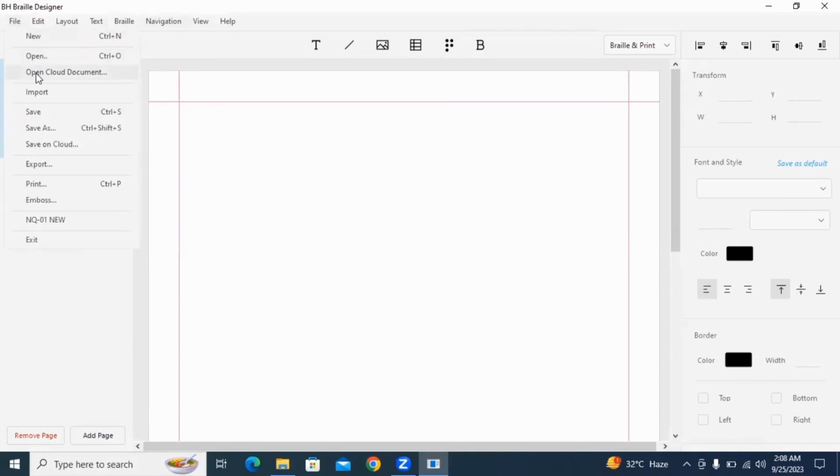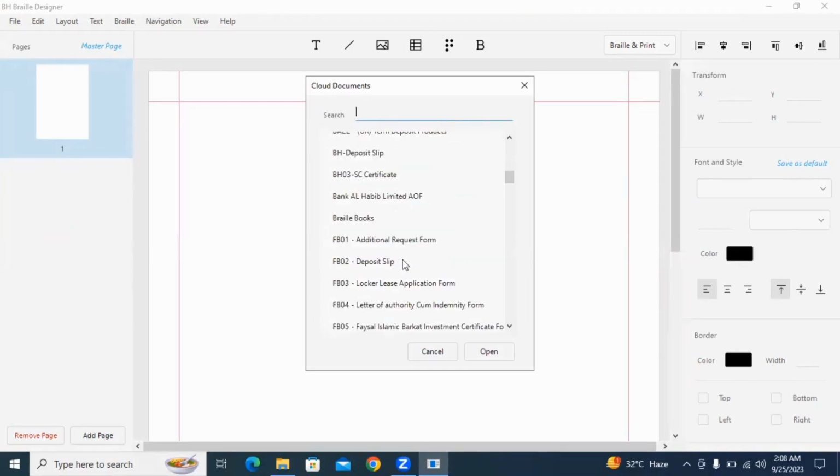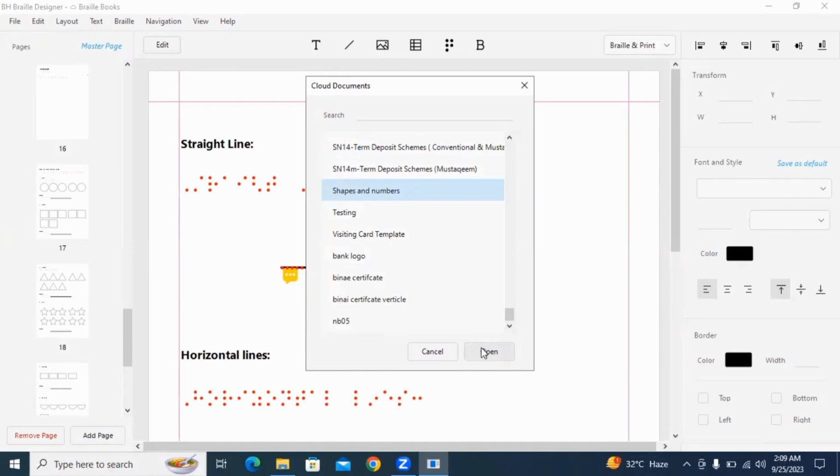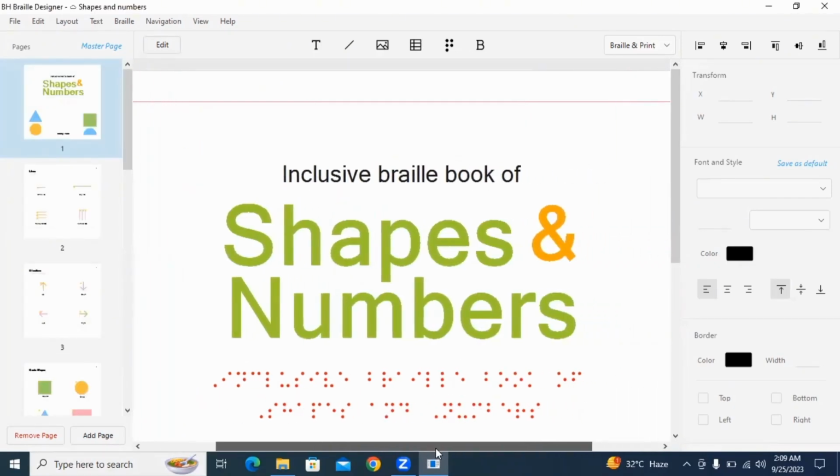The design related things are created on this software, that is Braille Designer, and then its hard print is produced. These are some samples that we have designed on it, our beginning level math book.